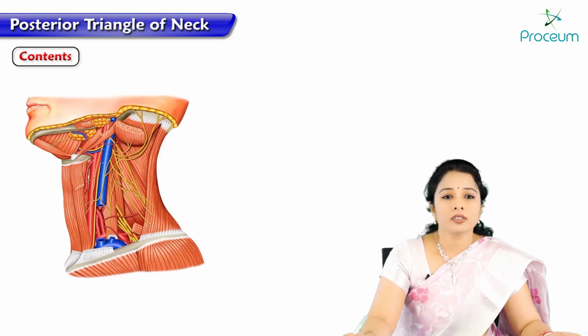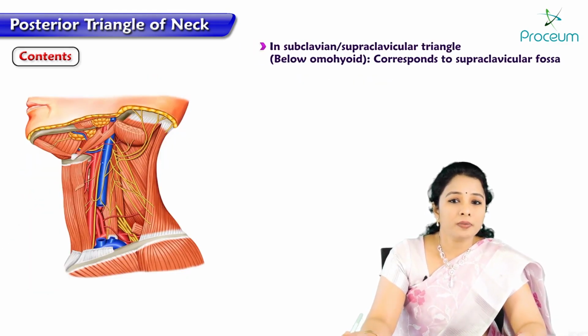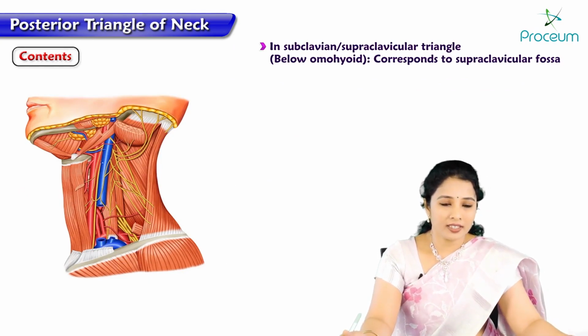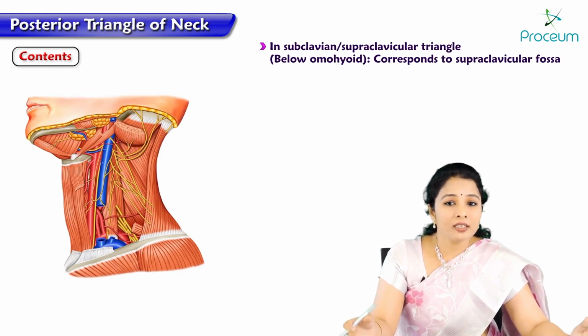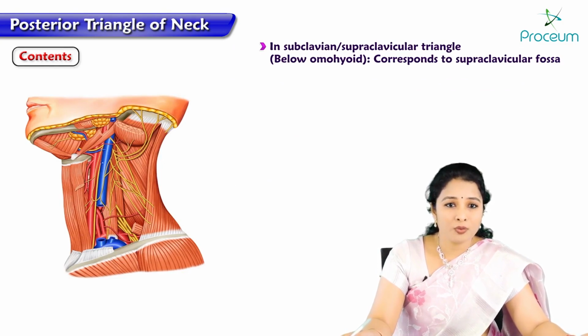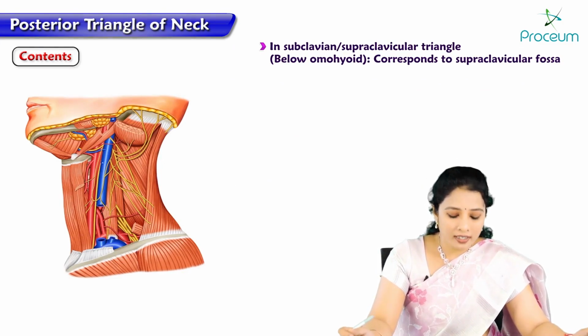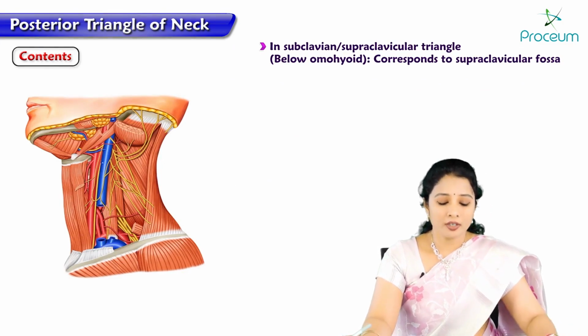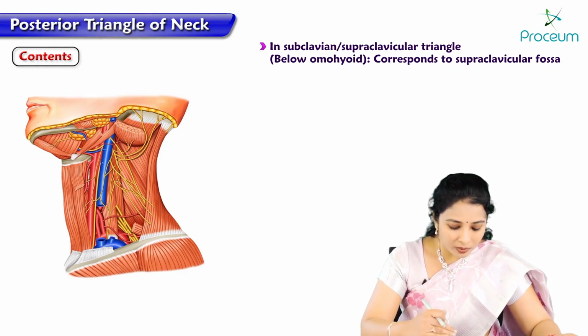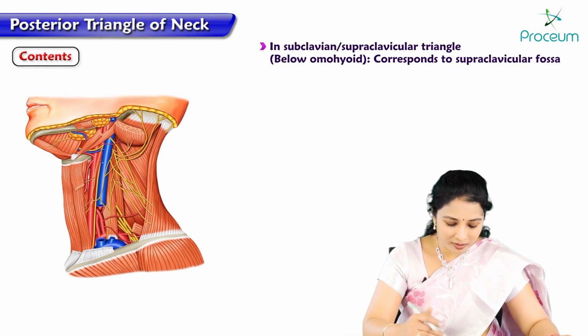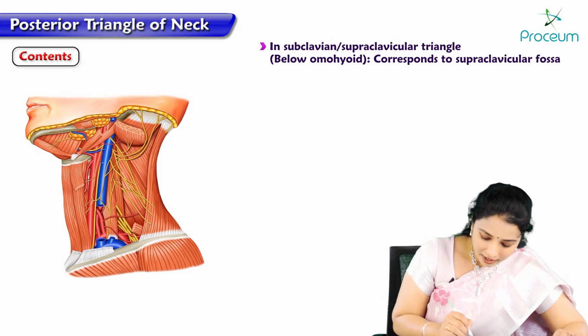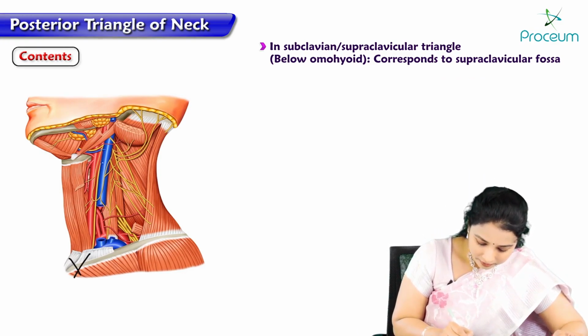Next is the subclavian triangle or supraclavicular triangle, that is the triangle below the inferior belly of omohyoid, and it corresponds to the supraclavicular fossa. Here in this image we can see the sternocleidomastoid is removed, and we can see the cut parts of sternocleidomastoid.